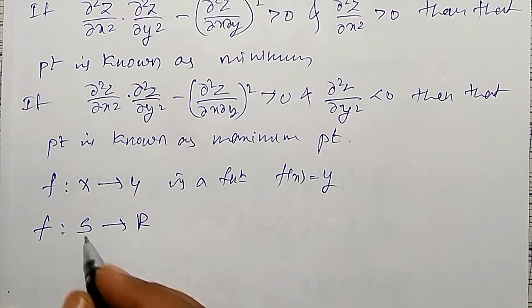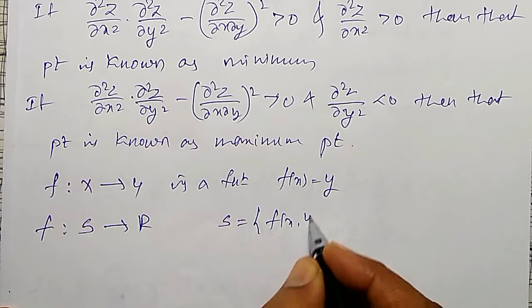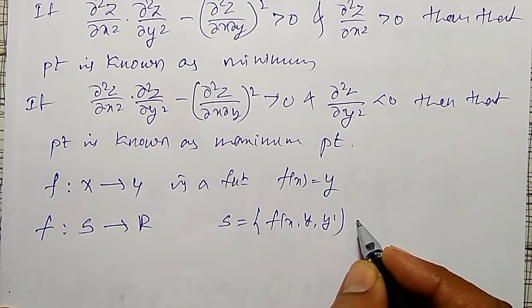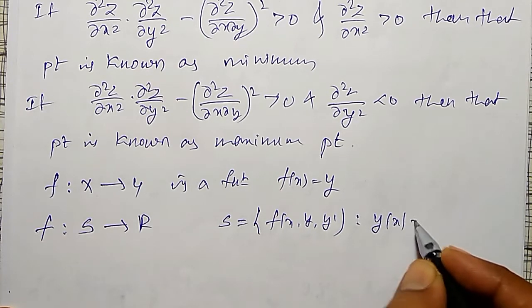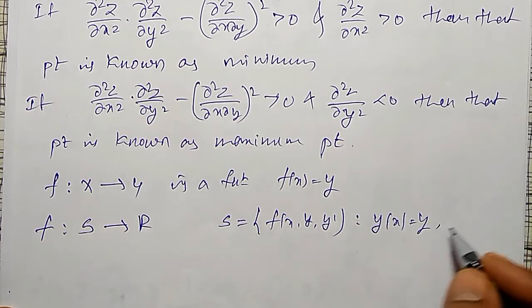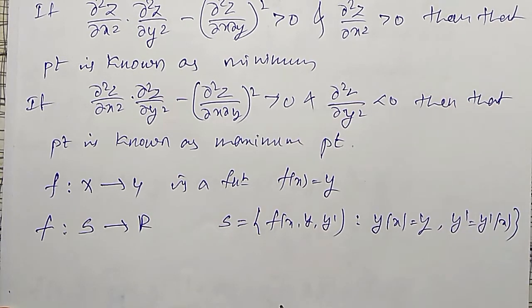And the elements of S are such that f of x, y, y dash, where y is some function of x and y dash is also some function of x, and it is giving us some real number.